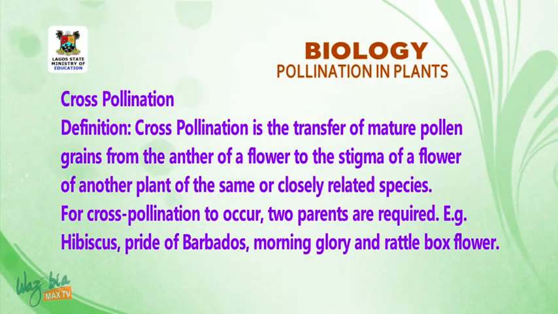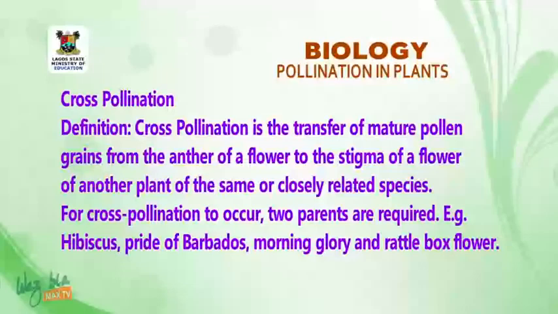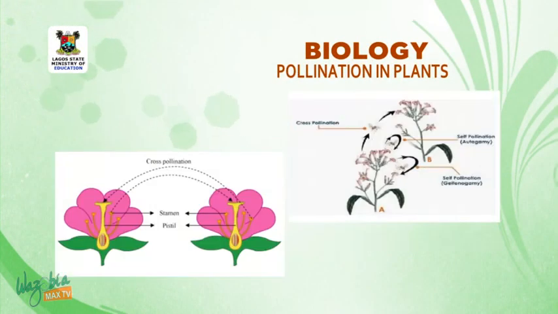For cross-pollination to occur, two parents are required. Examples are hibiscus, pride of Barbados, morning glory, and retrobus flower. Look at the picture for cross-pollination.